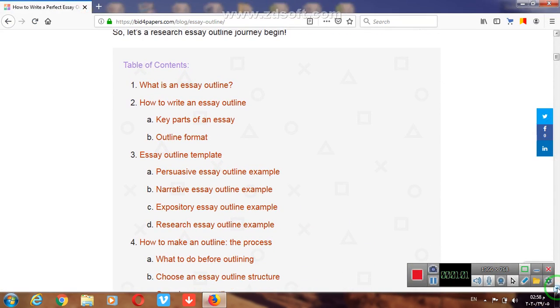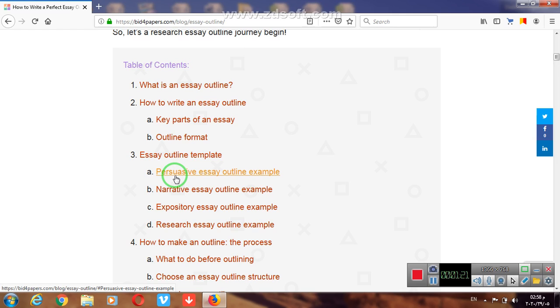Now, let's let the research essay outline journey begin. Table of contents: What is an essay outline? How to write an essay outline. Key parts of an essay outline format. Then we have essay outline templates.